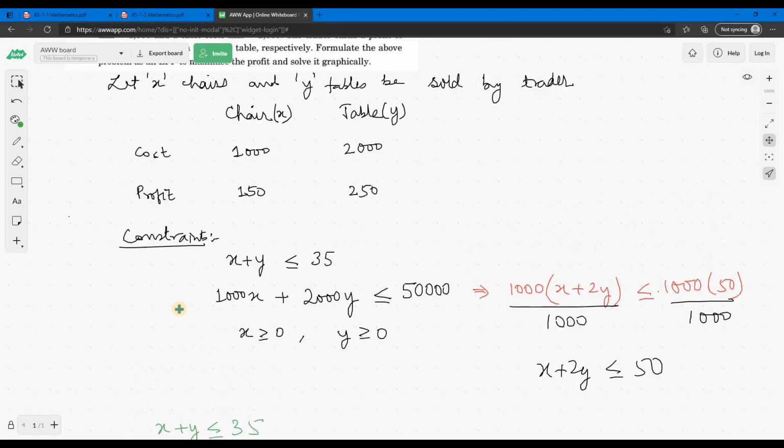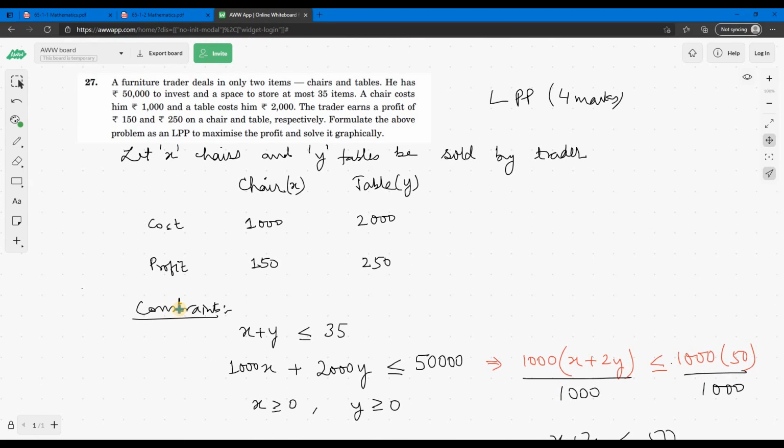Now the next thing is, it is given that the profit on one chair is 150 and the profit on a table is 250 rupees. We can use this to form the objective function, which will represent the profit, and we have to maximize this profit.